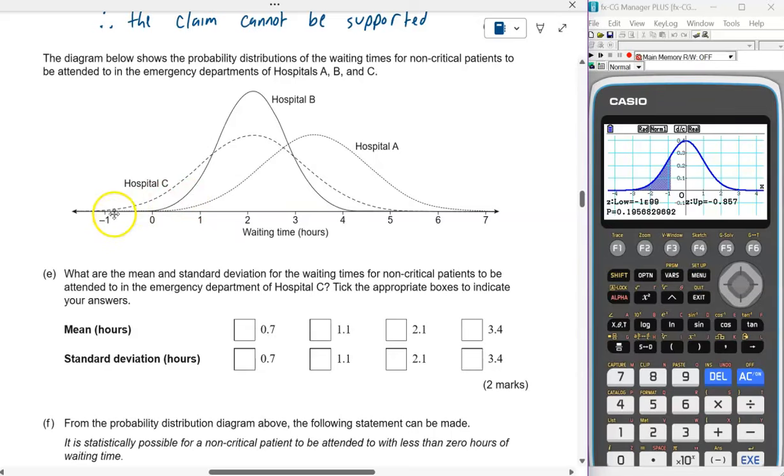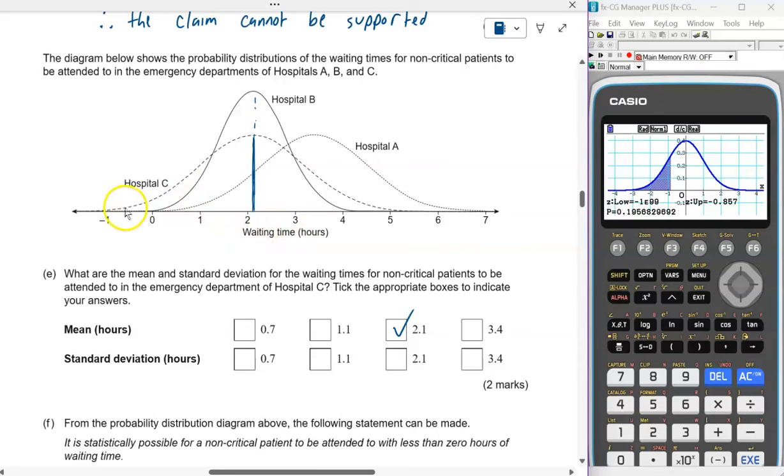So Hospital C is this line here. If I head to the middle of that, that will indicate the mean. So around about here, which is just above 2, and you can see that it's got the same sort of mean as Hospital B, which was 2.1. So the mean for Hospital C is 2.1.